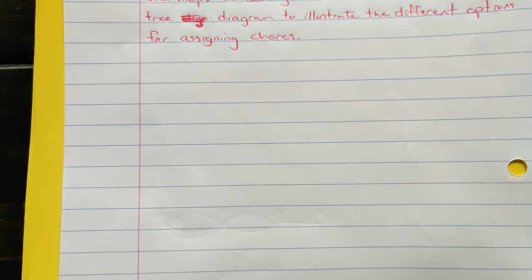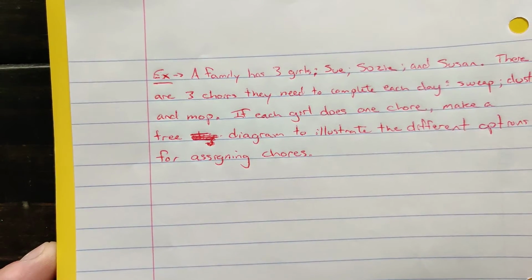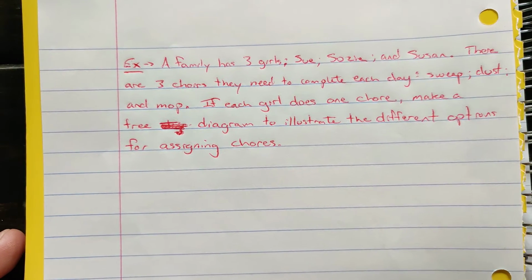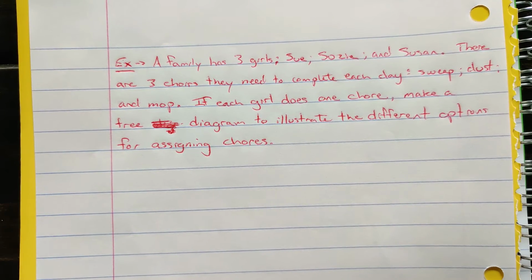And then moving on, we have a family that has 3 girls, Sue, Susie, and Susan. And there are 3 chores that they need to complete each day. They need to sweep, dust, and mop.